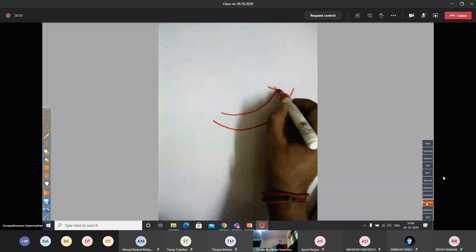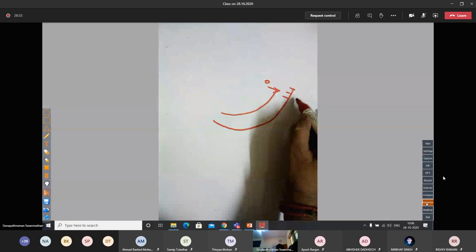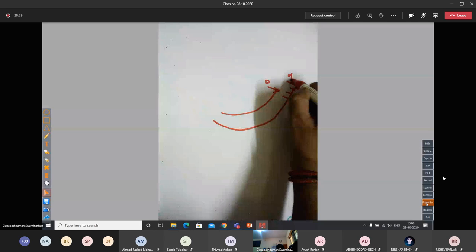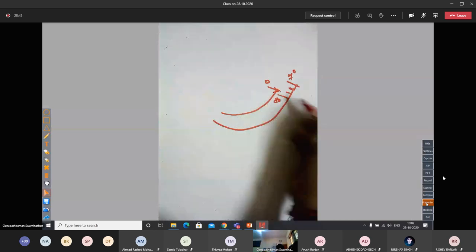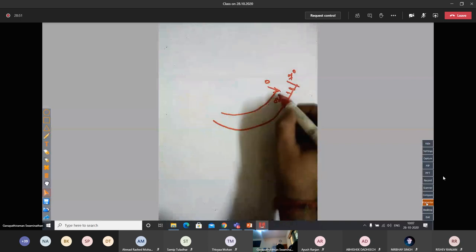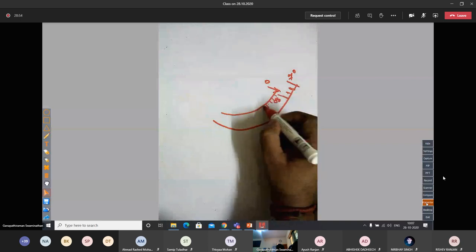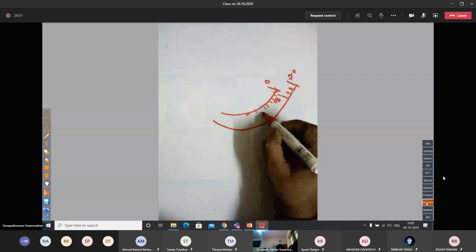Suppose this is the main plate and this is the vernier. The 0 of the vernier lies, say, beyond 7 degrees, and the next division is 8 degrees.